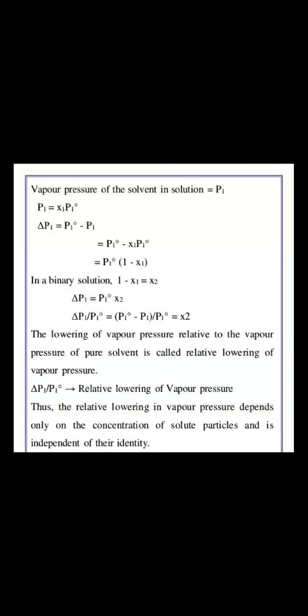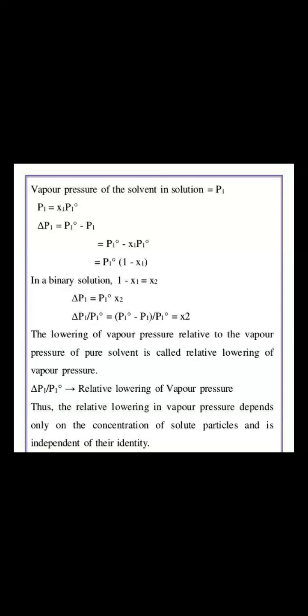According to Raoult's law, delta P is equal to P1 naught minus P1, corresponding to the vapor pressure of solvent from solution, substituting the value x1 into P1 naught. As P1 naught is common, it is P1 naught in bracket 1 minus x1. For a binary solution, we know the sum of mole fractions of the components is equal to 1.